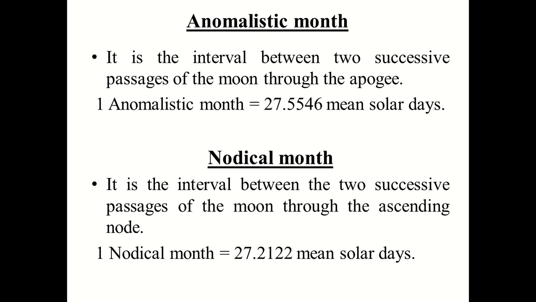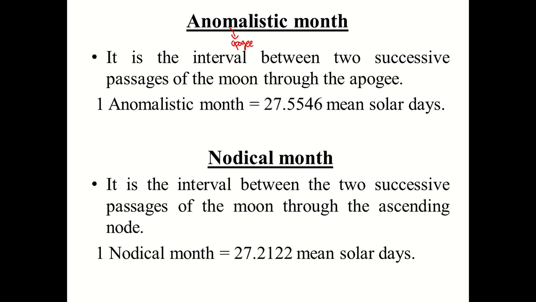So the anomalistic month is the time interval between two successive passages of the moon through the apogee. So this word anomalistic actually here refers to the reference point of apogee.